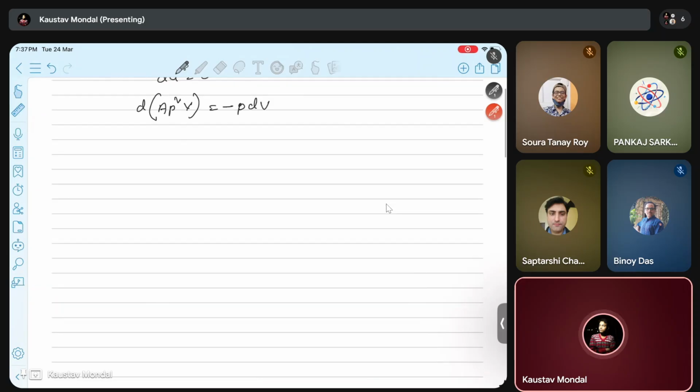If you do the total derivative on the left hand side, it will give you ab into 2p dp plus a p square dv equal to minus p dv. Write this total derivative like this.